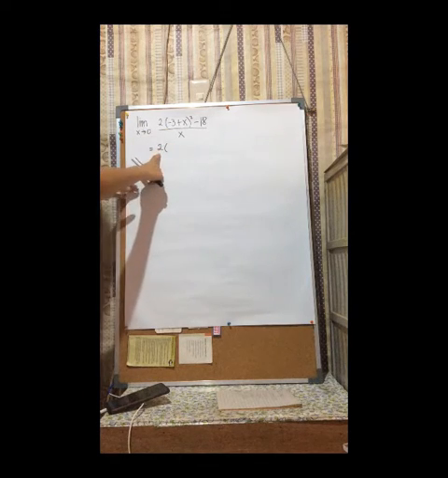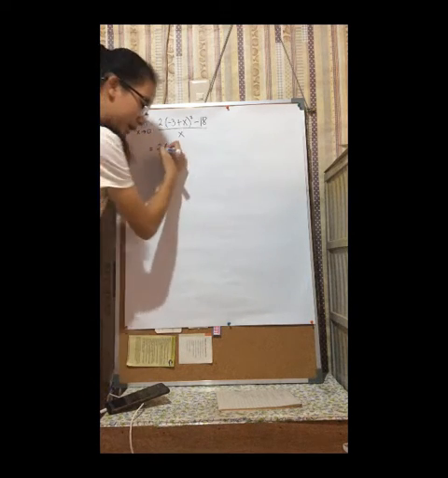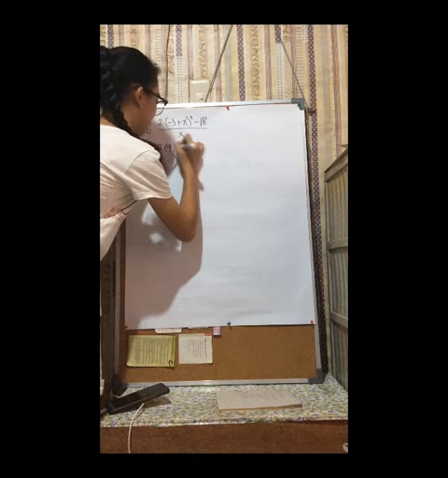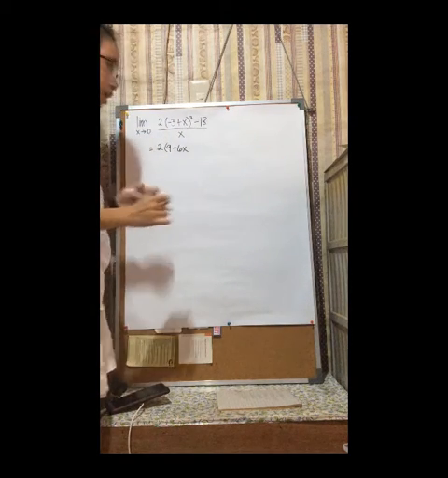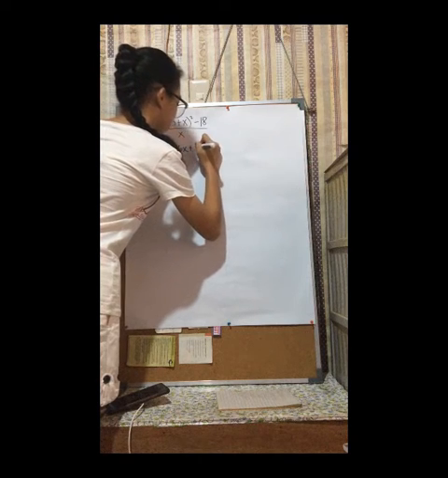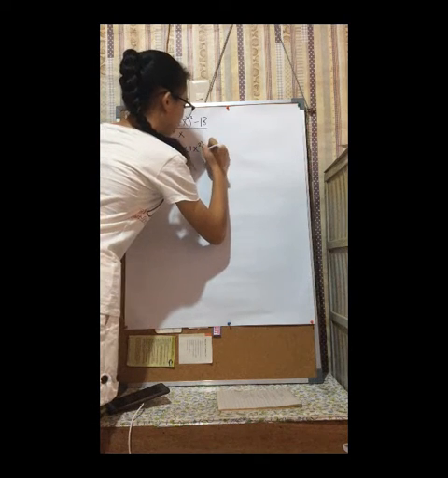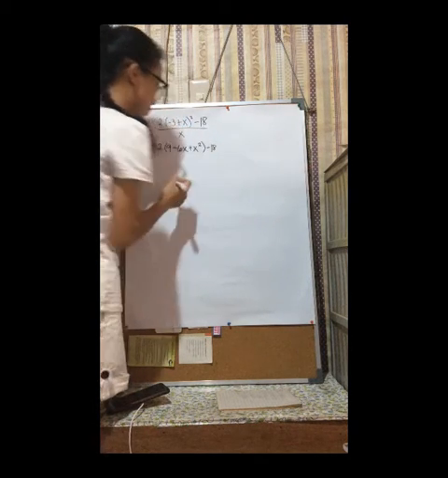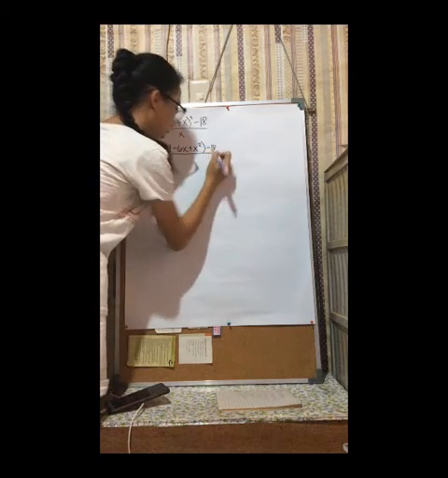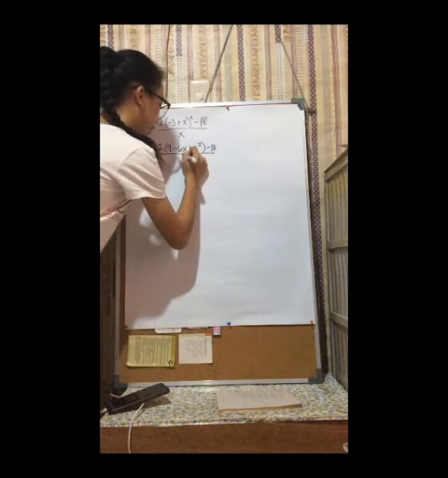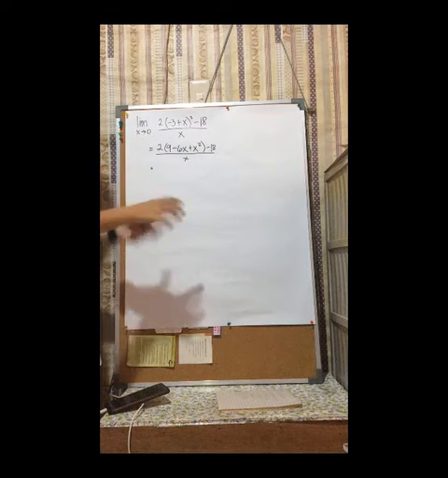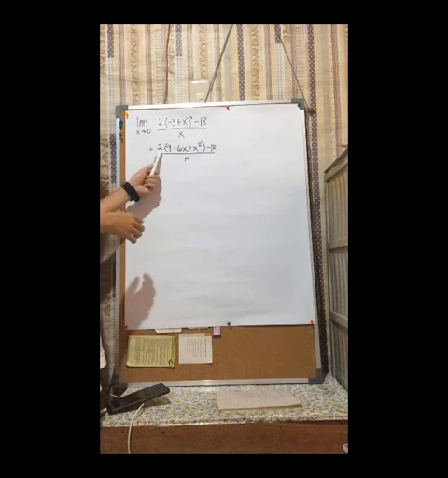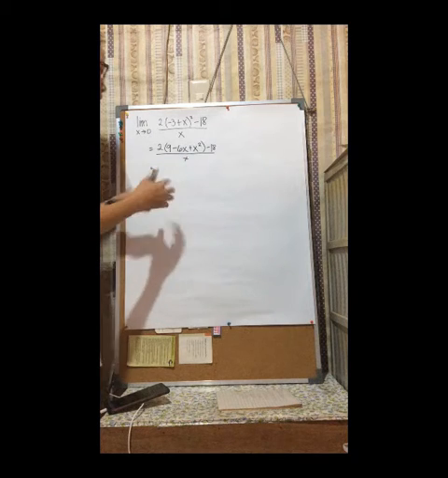So 2 times 9 minus 6x plus x squared, minus 18, and simply copy the denominator x. Next we're going to distribute 2 inside the equation.